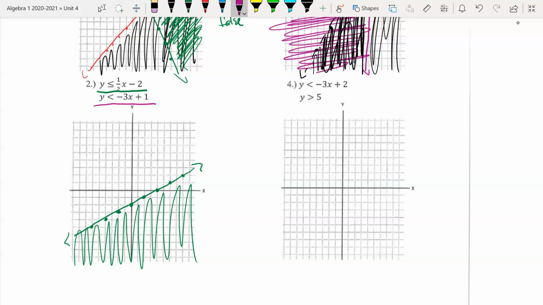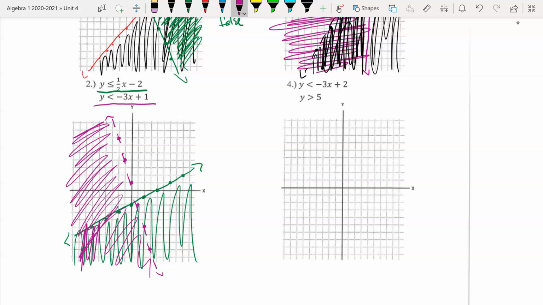Next line, -3x plus 1. So I'm going to start at +1. I'm going to go down 3, right 1, down 3, right 1, or I can go up 3, left 1. This is a dashed line because it's just less than, and I would shade everything below it, as intuition tells me. So I should shade that extra dark, but everything else should be shaded as well.